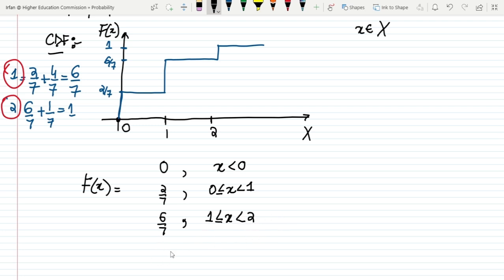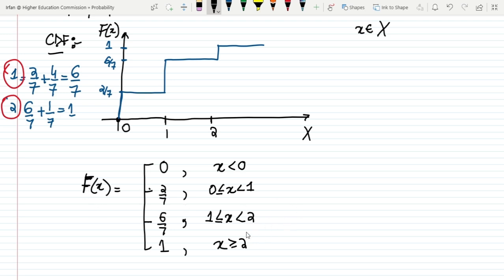Here it will be 6 by 7, and the last instant is when it will be 1, and it will remain 1 for all values where x is greater than or equal to 2. So these are all the values of F of x which we have here.